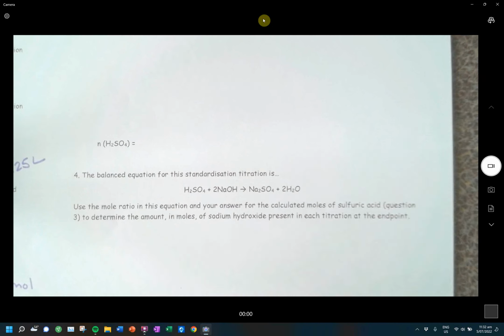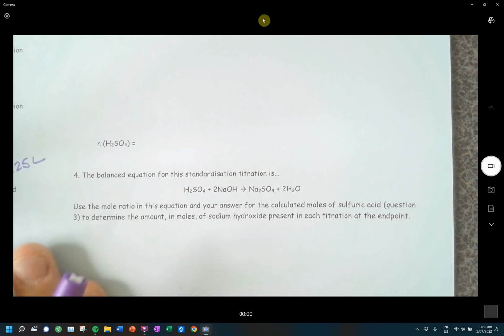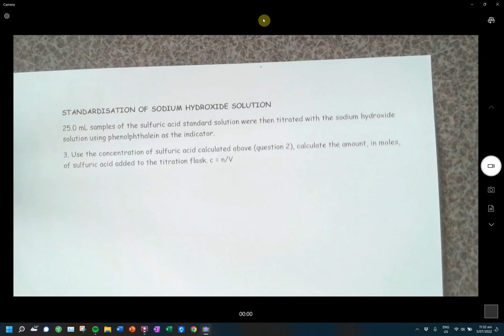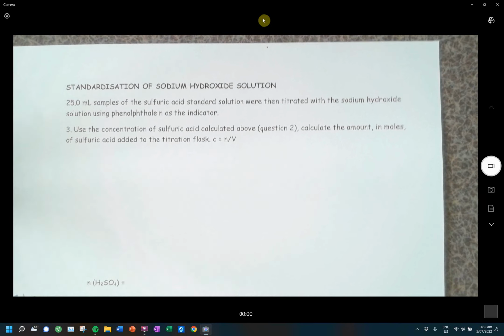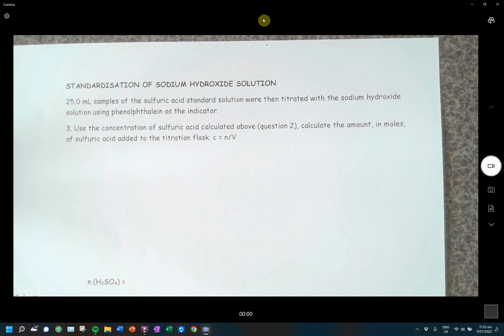And this equation here is comparing moles to moles. And right now I have a solution that's in concentration. So what I need to do is take that concentration, take a set volume of it, and figure out how many moles of sulfuric acid do I have in that solution that I'm using for my experiment.